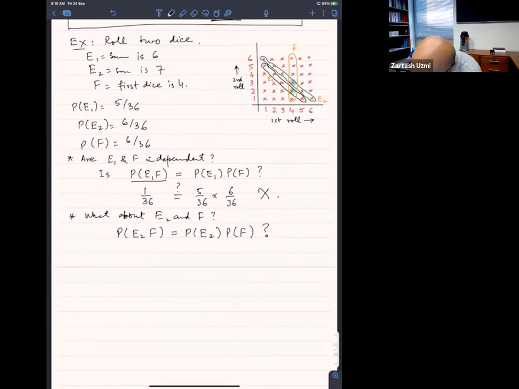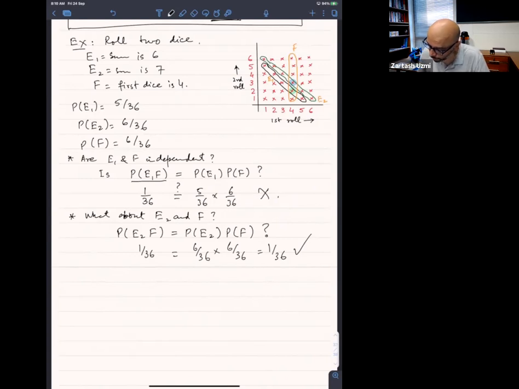So this is again 1/36. Now probability of E2 is 6/36 and probability of F is also 6/36. So this is 1/36. Okay. So that means yes, E2 and F, they are independent.